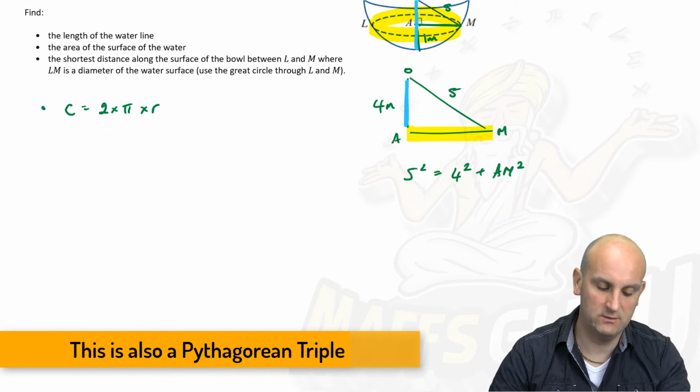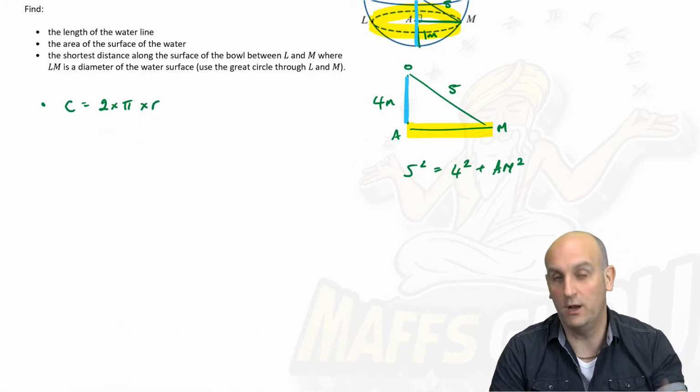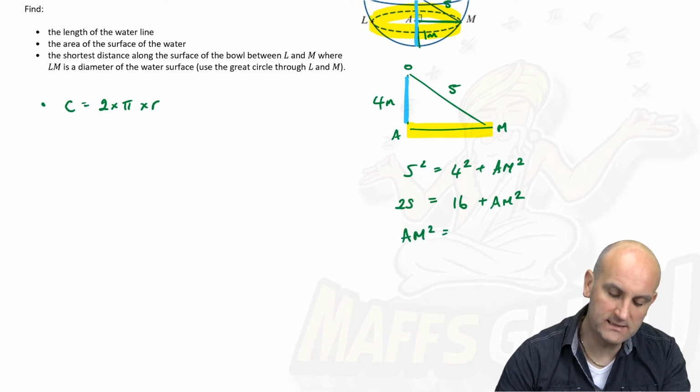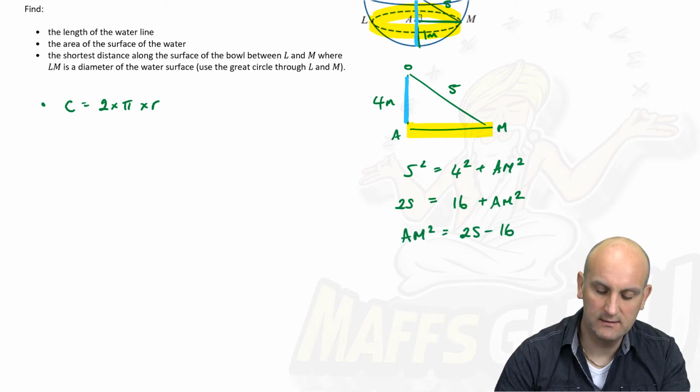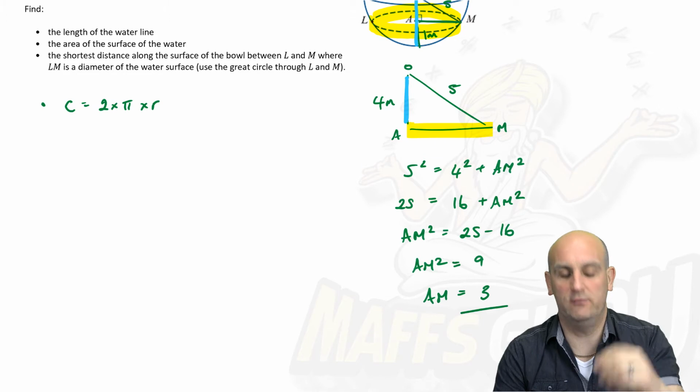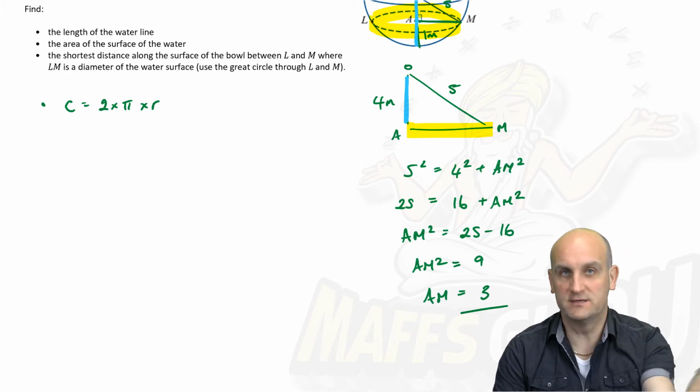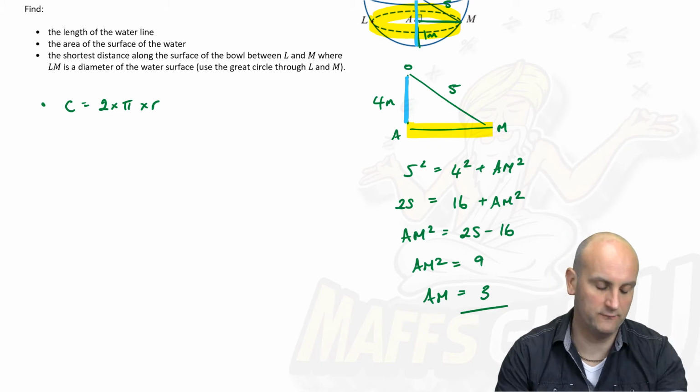Now, some of you are already screaming at me, but this is a 3, 4, 5 triangle. I know, just chill. That's going to be 25 is equal to 16 plus AM squared. So AM squared is going to be 25 minus 16. AM squared is 9, and so AM is equal to 3, because I'm going to do the square root of 9. So I now know AM is 3, which means I can now find the circumference, or the length of the waterline.